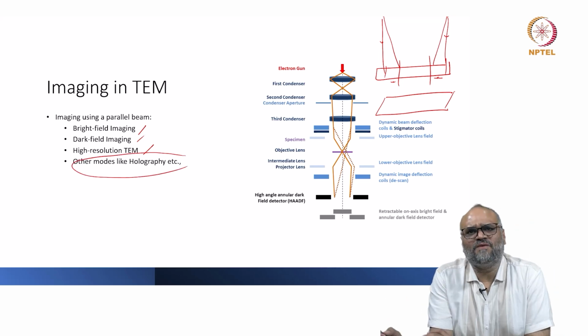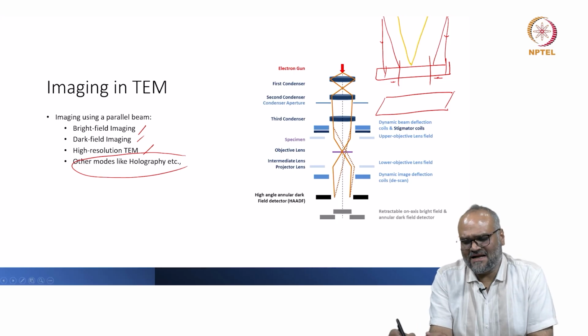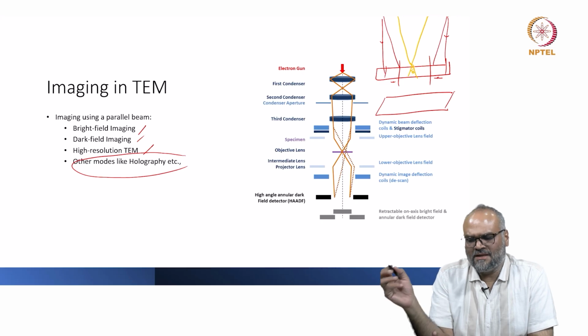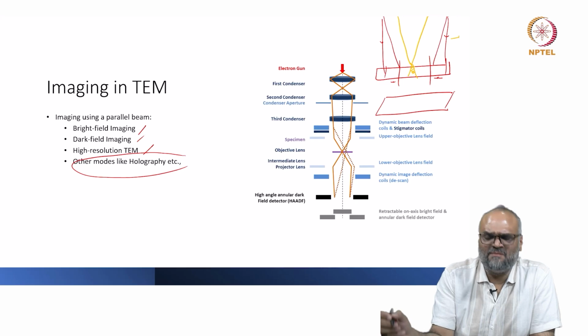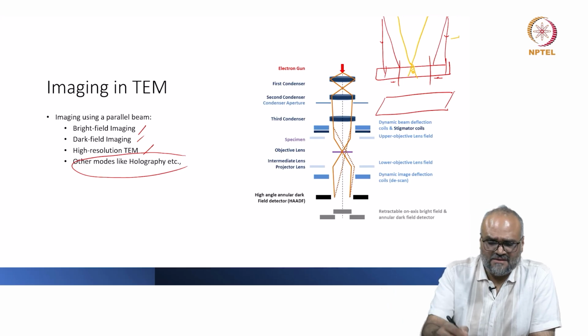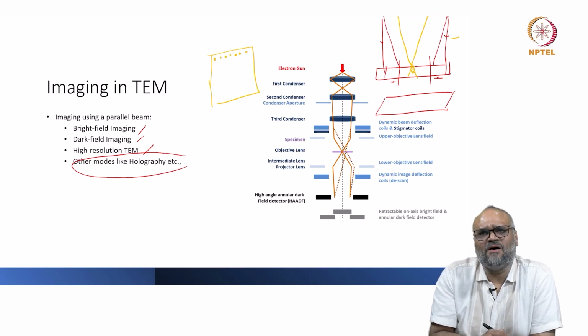The other mode of imaging is where I converge the beam to a small probe, where my interaction volume is confined to a very small region, and I raster the electron beam. So in the parallel mode of imaging, there is no raster, but when I form a probe, if this is the top view of the specimen, I position the beam at every point and I collect information pixel by pixel on the detector and I form an image.